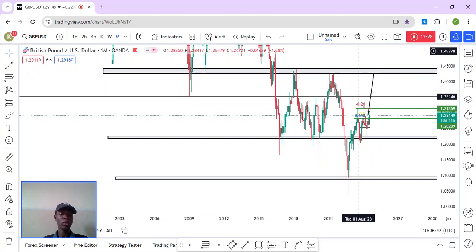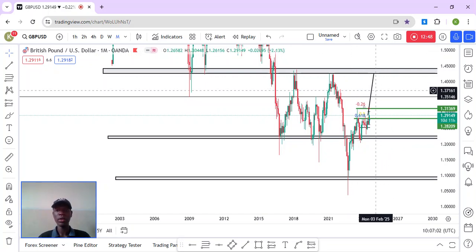The euro dollar has the say in what the dollar index is going to do. So I did my fundamental analysis on the euro and the USD.